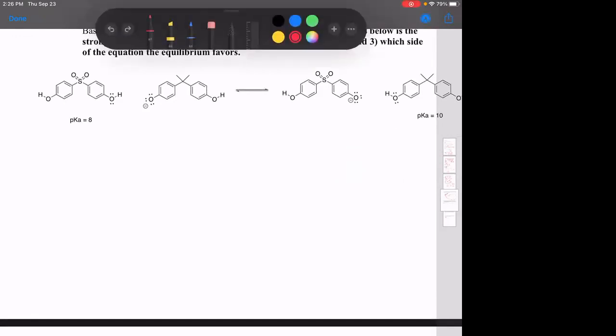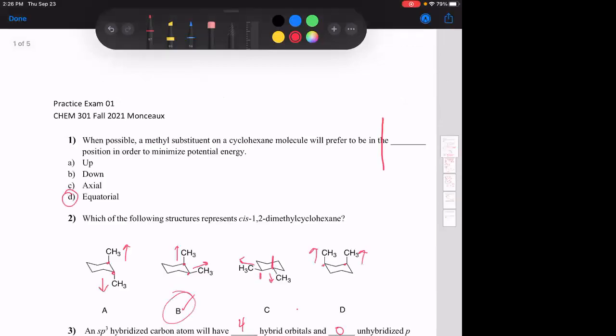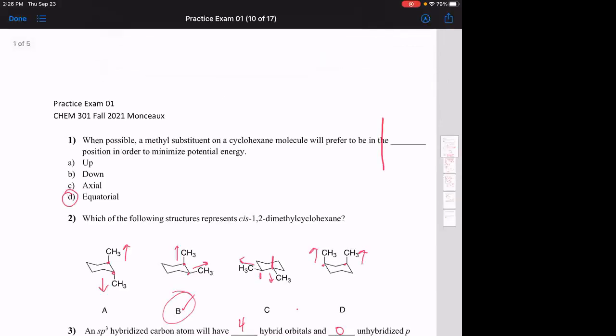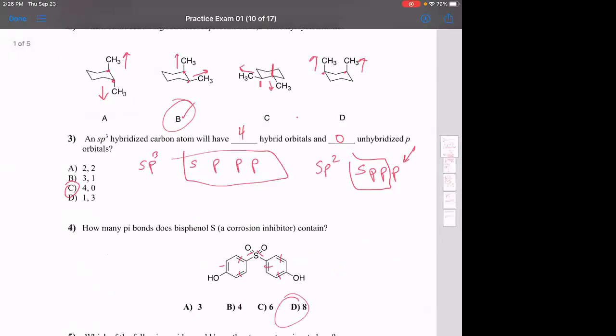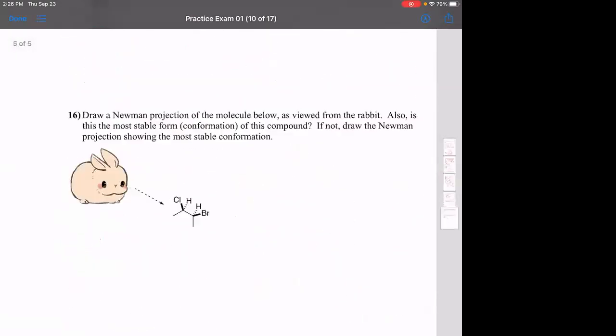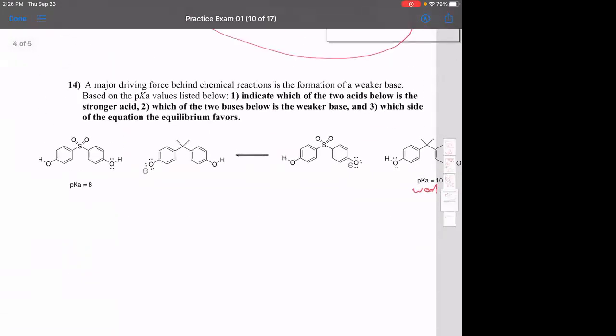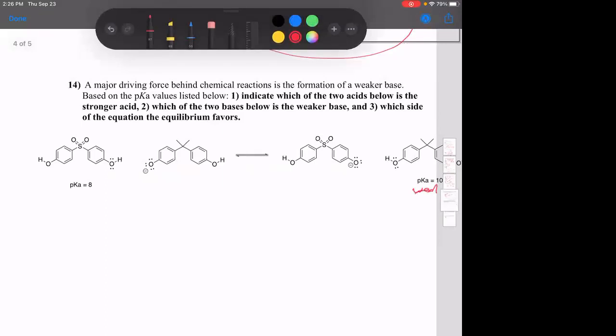So over here, pKa 8, pKa 10, this is weaker. This guy is weaker. Right, has a higher pKa value. So by definition, its conjugate base is going to be stronger. So this is its conjugate base over here. So this is the stronger base.